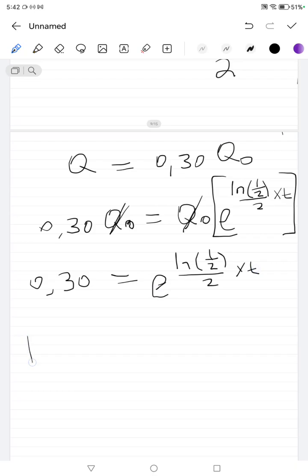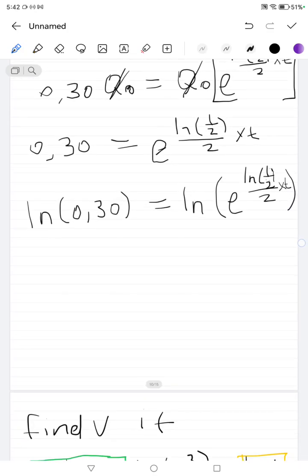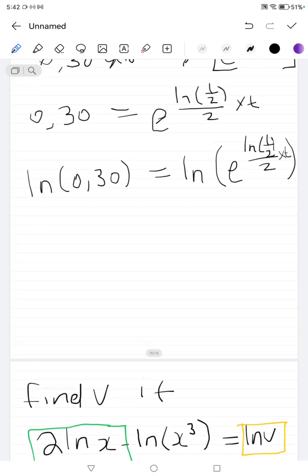Then we introduce ln. We have ln of 0.30 equals ln of e to the exponent ln of 1 over 2 by t. What are we going to have?